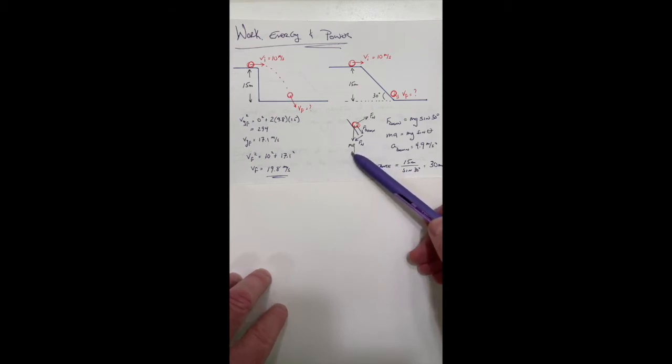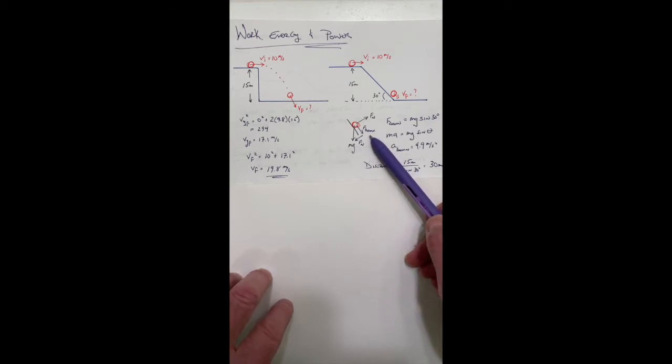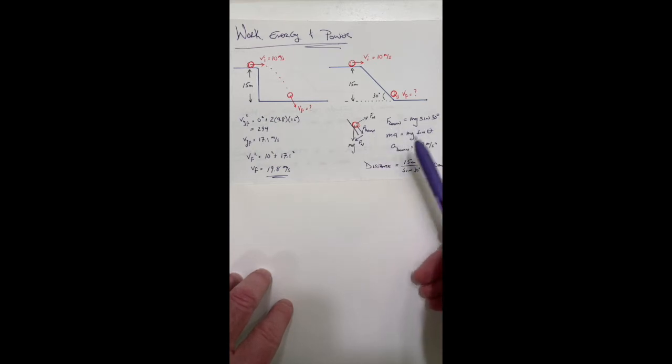So my normal force and the normal component of my gravity are going to cancel. And if I want to solve for the downward force, I would say force down is equal to m times g times sine theta, or ma equals mg sine theta, which is going to give me an acceleration of half of gravity, or 4.9 meters per second squared.